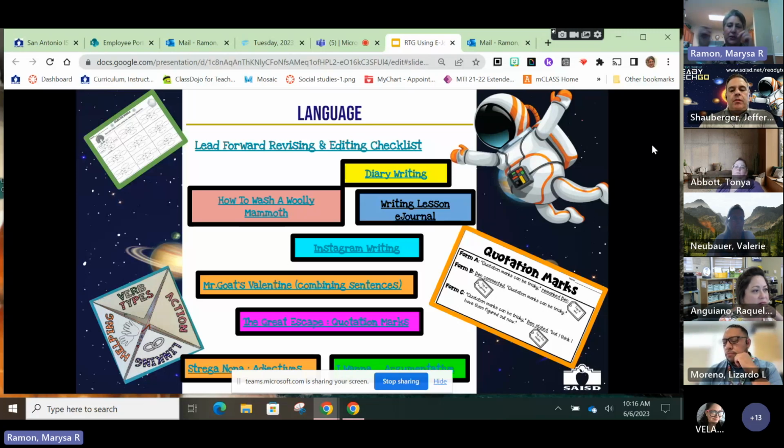So it's kind of like their working document, or I kind of call it like their dictionary of skills that they're using as they're writing all week long. So you'll see on the site some of the different foldables or things that we've put into their interactive journal so that they have the steps in the process for writing.